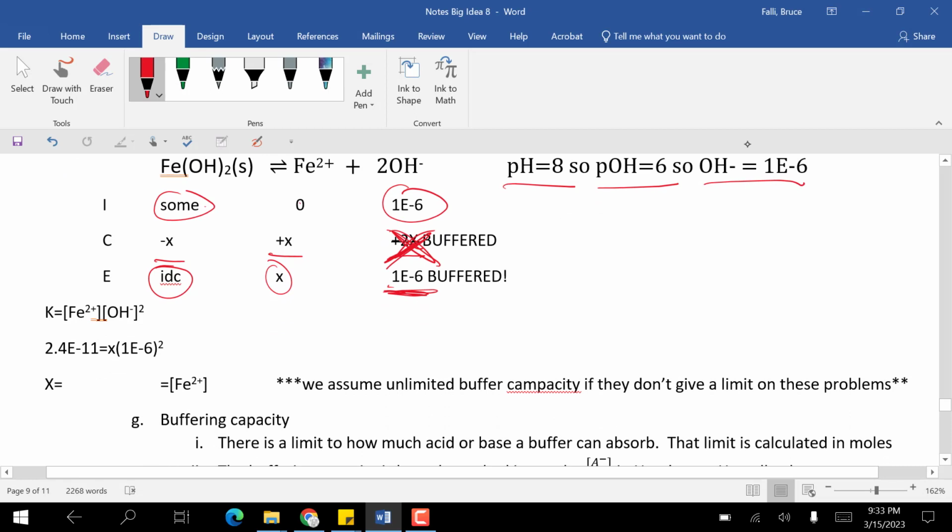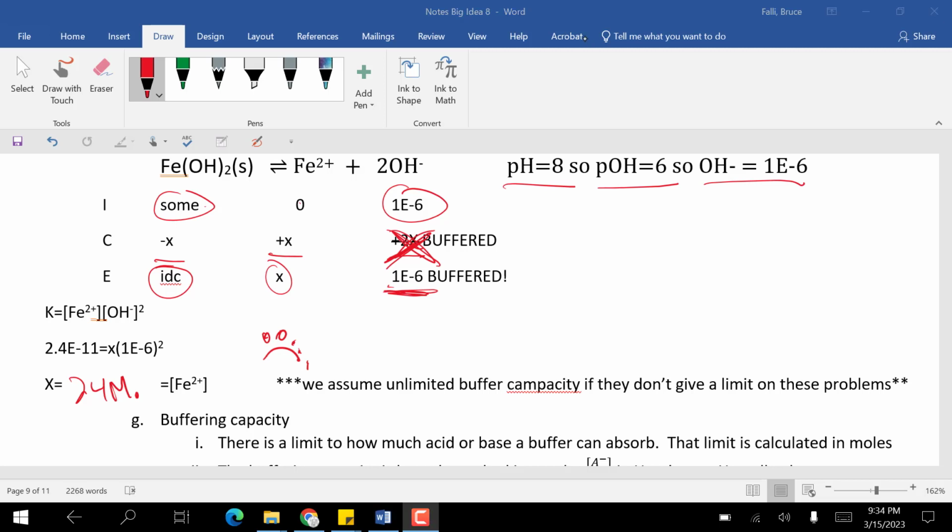And 2.4 E negative 11 equals X times 1 E negative 6 squared. So let's do that. 2.4 E negative 11 divided by 1 E negative 6 squared is 24 molar, and Mr. Folly has a big sad face because that's an impossible number. That's what it says, but I should have picked a different number.